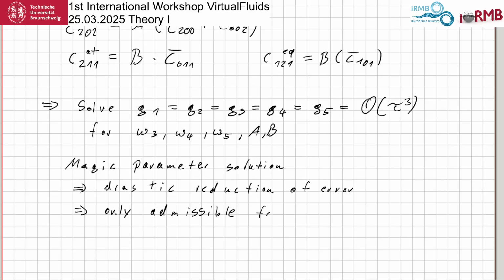These equations actually become unconditionally unstable. I mean, conditionally on the viscosity, yes, okay. But this is admissible for small viscosity. And of course, it's less stable than the regularized one, which is extremely stable, I would say.